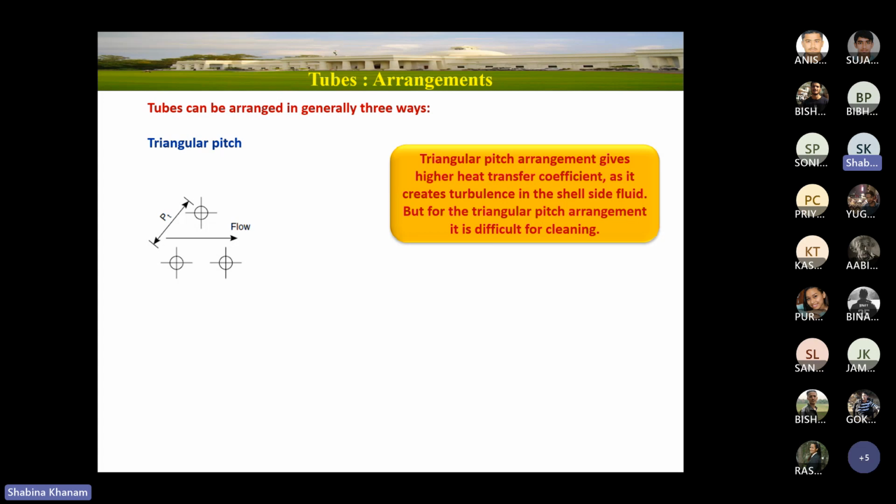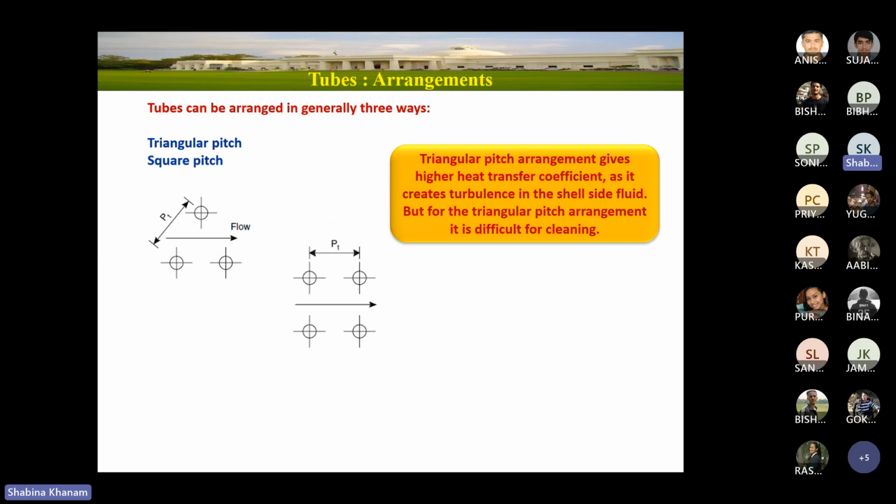At the same time, the heat transfer coefficient increases because of the disturbance in the flow, and that disturbance creates additional friction in the shell side. So pressure drop in the shell side will also increase in this case. You need to keep that in mind in the design.